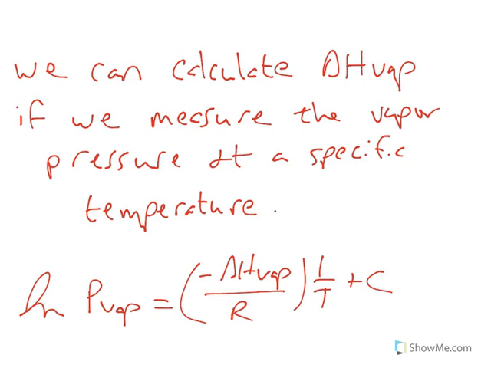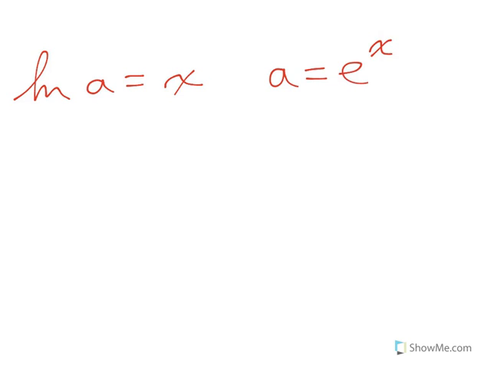And before we start using it, I just want to go back and review some properties of logs, specifically the natural log, all right? So just a little mathematical back check here. If we have the natural log of some function a, and it's equal to x, and we want to solve for a, then a is equal to the exponential of x, or e to the x.